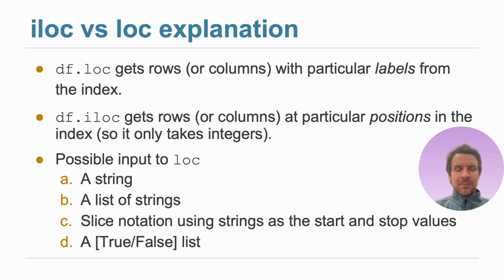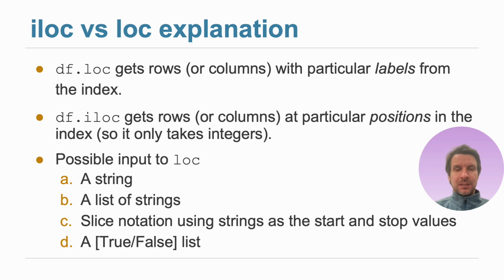Here is a main difference. loc will give you a bunch of rows, possibly columns, with particular labels from the index. So you look at the entries in the index, put them into loc, and it will return the corresponding records. You can put there a string, where if the string is what is in the index, you will get one entry.